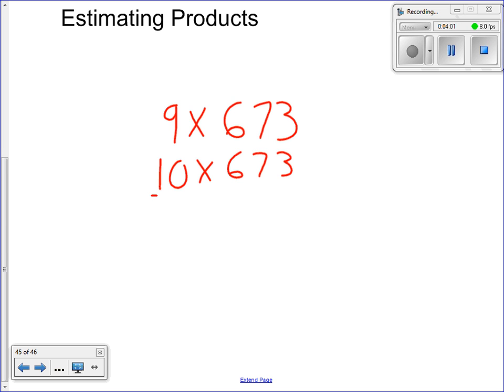So 1 times 673 would give us our base of 673, and that is because of the identity property of multiplication. Good job. Okay, and then we have our extra 0, and that gives us the answer of 6,730 for an estimate. Remember, these are not exact answers, just estimations.